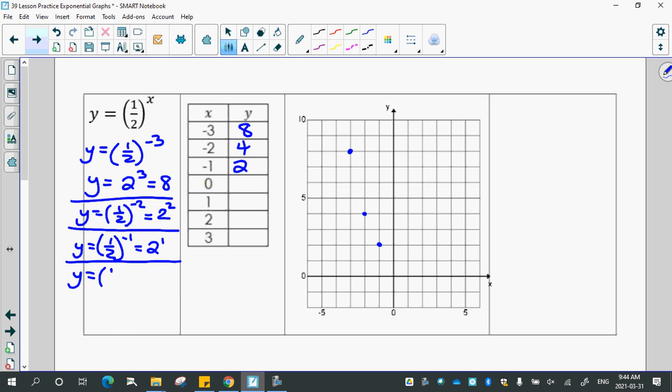Half to the 0, any number to the exponent 0 is equal to 1. So that 0, 1 is always going to be a part of your parent function, which is good to know. Okay, your parent. And then a half to the power of 1 is just a half, so 1 and 1/2.